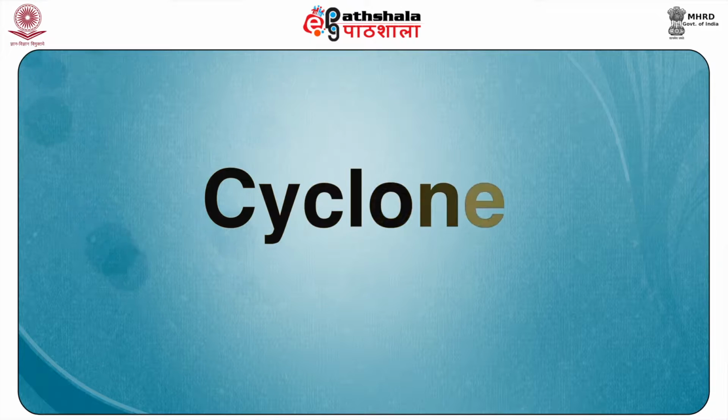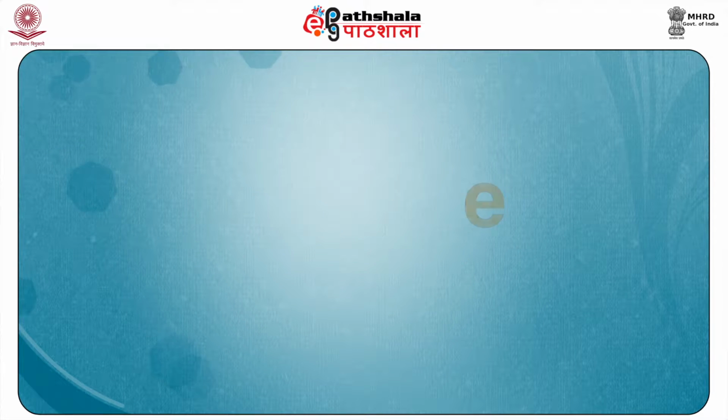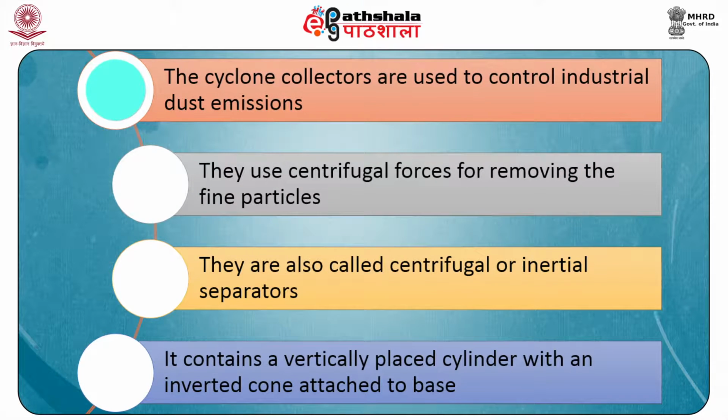The first thing we are going to discuss is the cyclone. Cyclone collectors are used to control industrial dust emission. They use centrifugal forces for removal of fine particles. They are also called centrifugal or inertial separators. It contains a vertically placed cylinder with an inverted cone attached to the base.